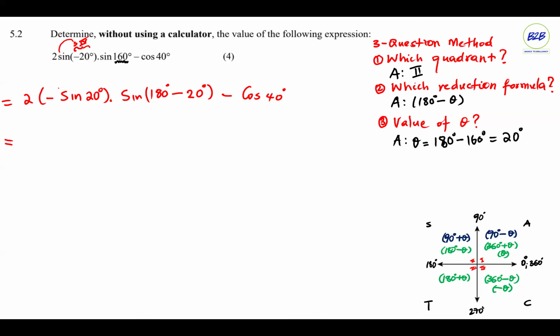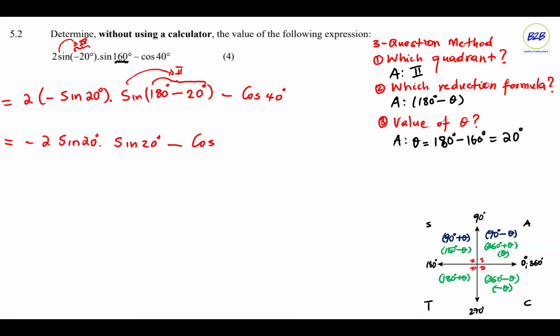All right. Then the negative will come to the front, and then we have sine 20 degrees. This is our lovely second quadrant, and sine in the second quadrant is positive. So we have ourselves sine 20 degrees minus cos. Then now it looks like there is a necessity to change 40.